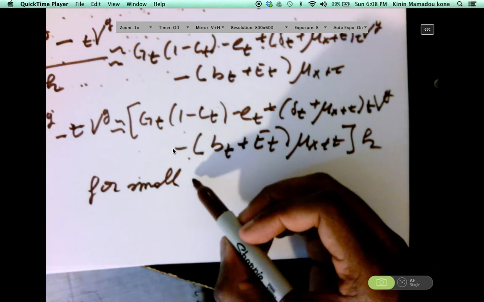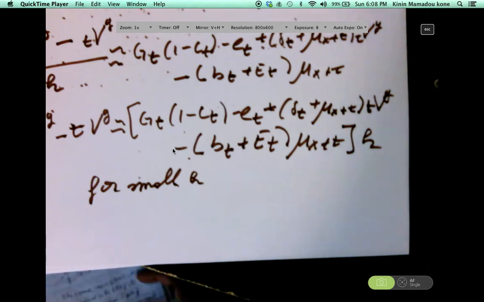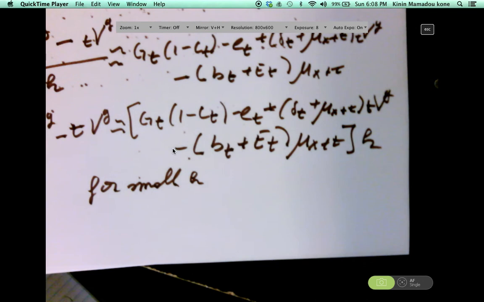That's how we solve it; we have to discretize in order to be able to solve what we are looking for.